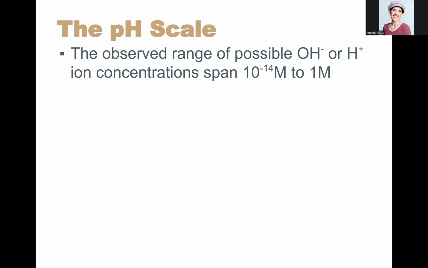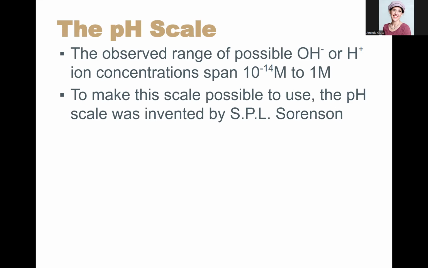The observed range of possible hydroxide or hydronium ion concentration span from 10 to the negative 14th molar to 1 molar. To make this scale possible, we use the pH scale, which is the potential hydrogen scale. That's what pH stands for, the potential hydrogen scale.